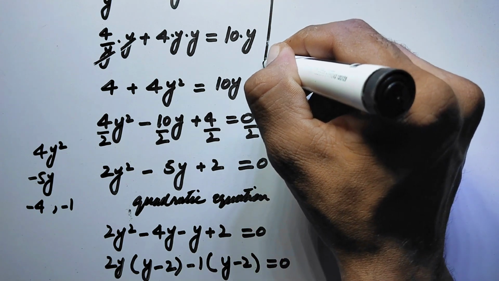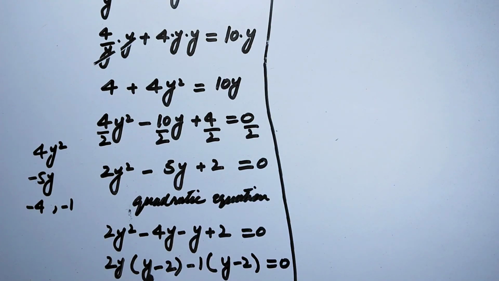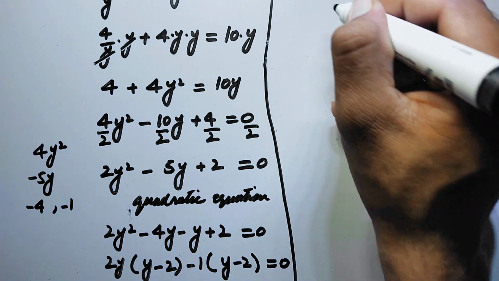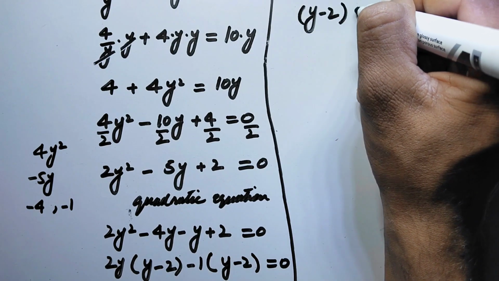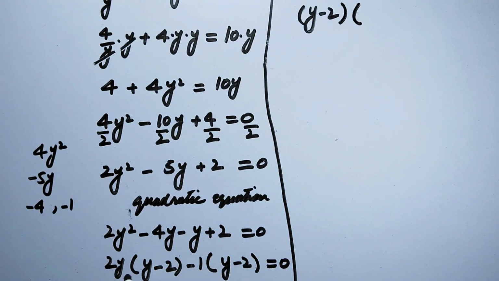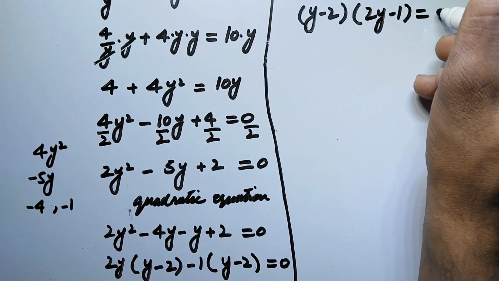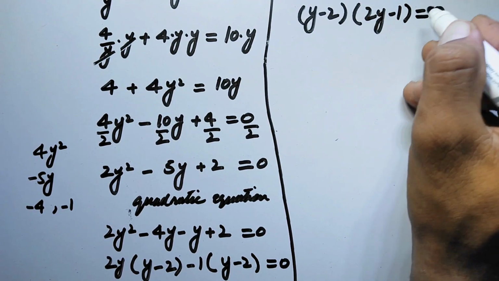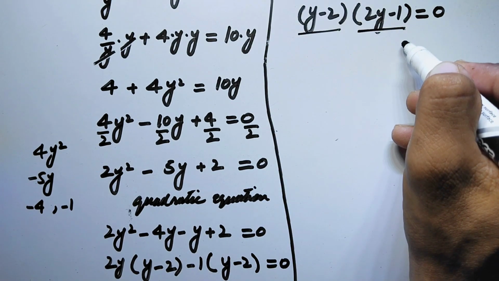Here, as this term is repeating, it will be common: y minus 2 times 2y minus 1 equal to 0.